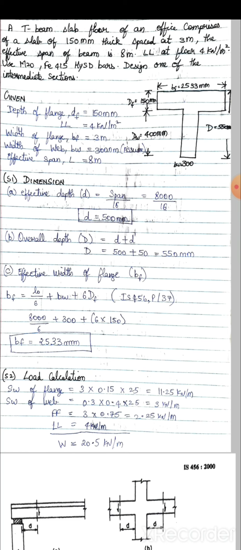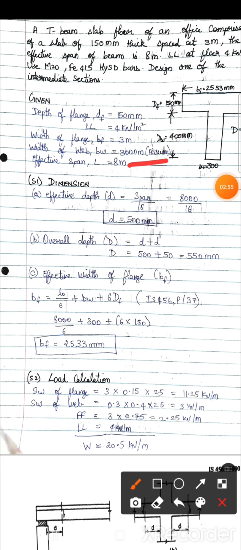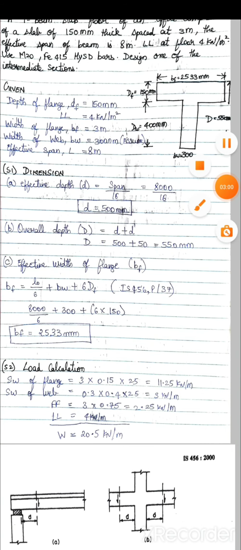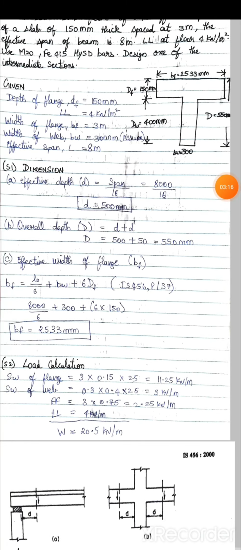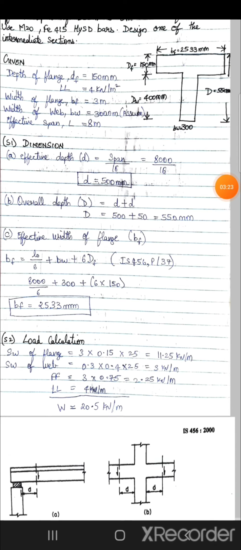Breadth is 3000 mm, we have assumed it. 0.15 is depth of flange into 25, answer is 11.25 kilonewton per meter. Self weight of web is breadth into depth into 25. Breadth is 300, depth is 400, into 25. Answer is 3 kilonewton per meter.